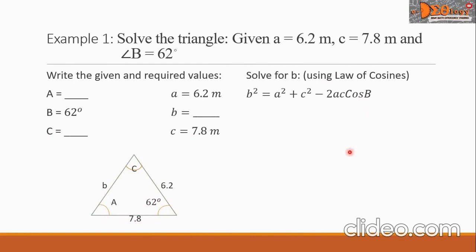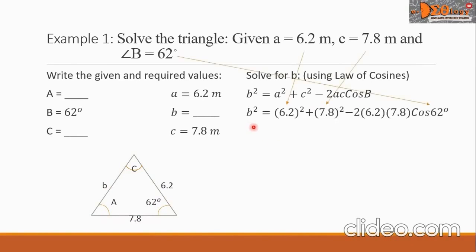Let us substitute the values. So the B square equals 6.2 square plus 7.8 square, then minus 2 times 6.2 times 7.8, and the cosine of 62 degrees. Let us simplify further.